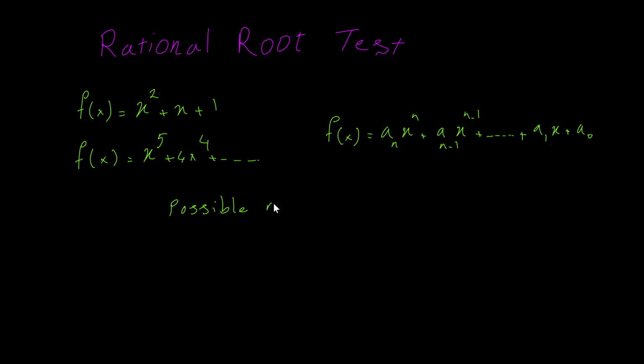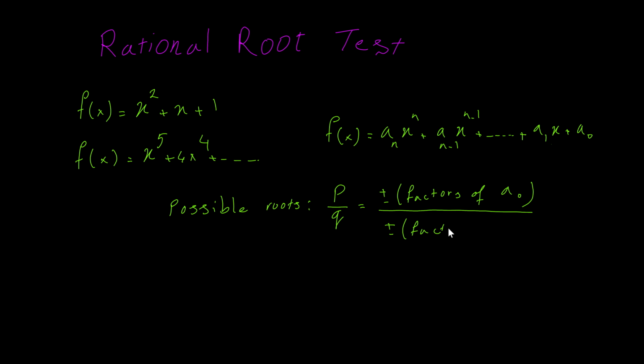are going to be equal to p over q, where p are all the factors of a_0, the constant in our polynomial, divided by q, all the factors of a_n, which is the highest coefficient that we have, the coefficient of the highest degree of x.